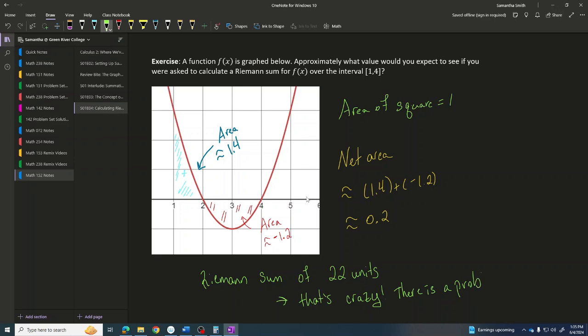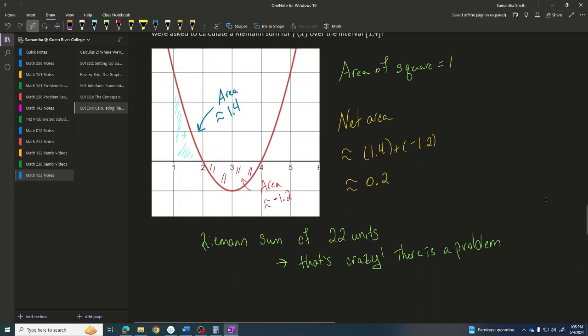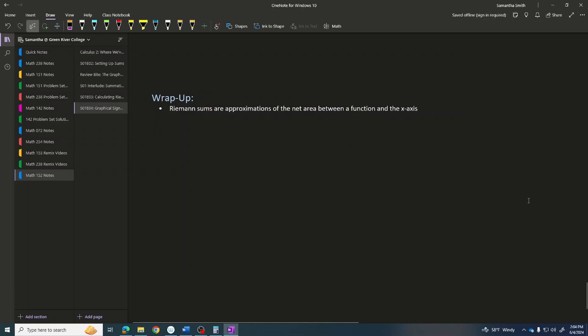Because 22 units is way too big based on our estimate of the Riemann sum's value, based on our estimate of the net area. So net area, you can eyeball net area off of a graph just by basically counting squares and little portions of squares. And that's going to give you an estimate to tell you reasonable values of what your Riemann sum should equal. All right, that concludes episode 4.